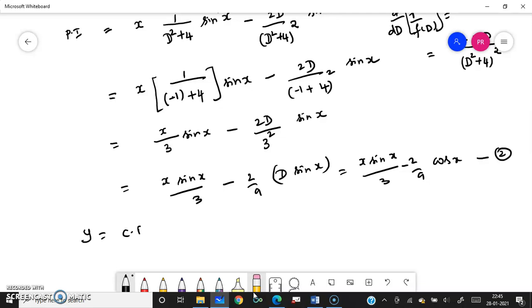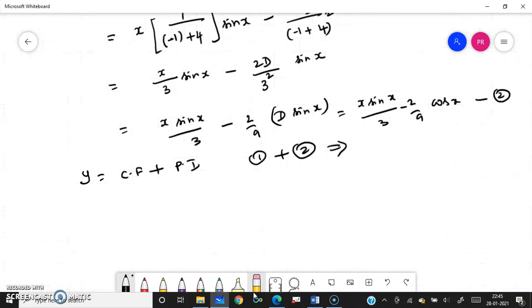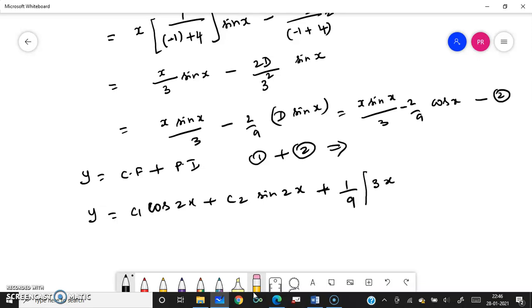Then y equal to complementary function plus particular integral, that is 1 plus 2 implies y will be equal to c1 cos 2x plus c2 sin 2x plus 1 by 9, with 1 by 9 taken out, 3x sin x minus 2 cos x.